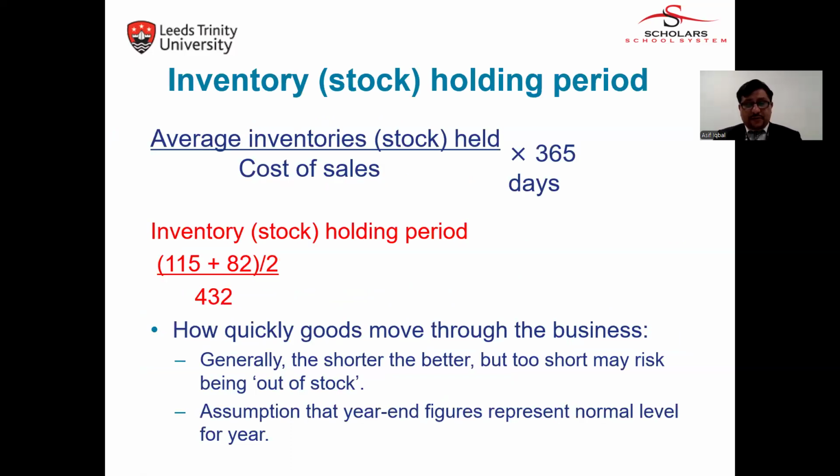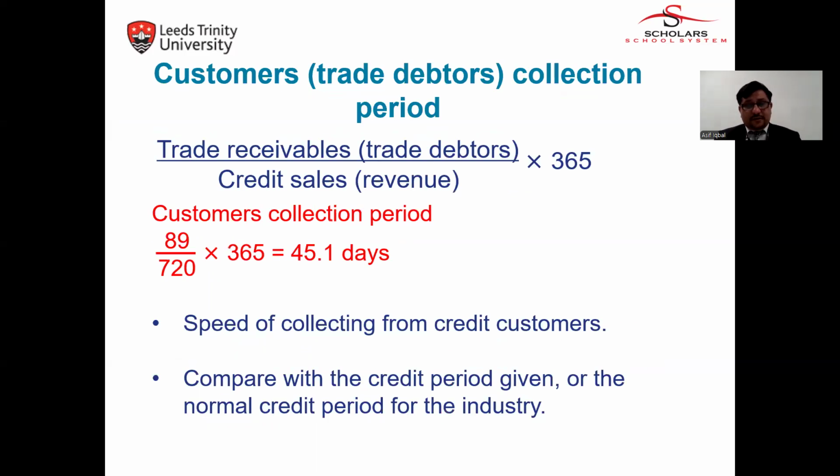The next ratio is the inventory stock holding period. The formula is average inventory divided by cost of sales, times 365 days. It shows how quickly the business moves through its inventory. The shorter this is, the better, but too short means the business may run out of stock. The customer trade collection period is trade receivables divided by credit sales, times 365, showing how quickly the business recovers its money from credit customers.